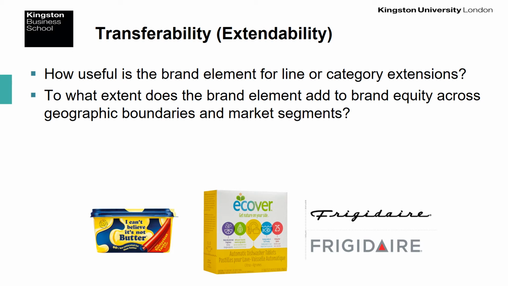Well, you can see here that some of the words on the packaging are written in French. So already we can see that this is a multi-country brand. eCover, fairly straightforward word, fairly easy to pronounce, not going to present linguistic problems in different languages. So geographically, yep, that ticks the box, it is geographically transferable.